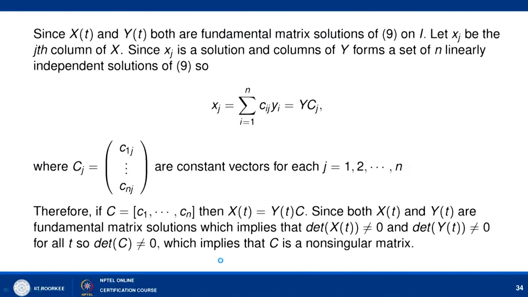Now, we try to prove the second part, that any fundamental matrix solution can be written as X(t)C, where C is some suitable non-singular matrix. So, now let us prove this. Since X(t) and Y(t) are both fundamental matrix solutions on I, the determinant of X(t) is non-zero and determinant of Y(t) is also non-zero.